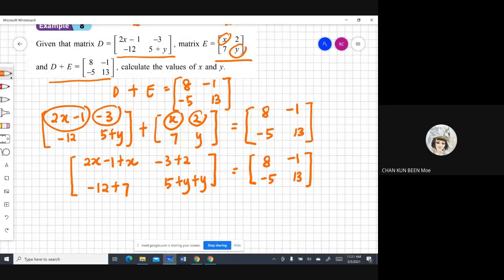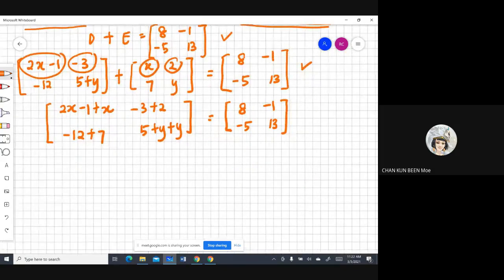When they say D plus E, for example, you are going to make the equation equal to 8, which is 2x minus 1 plus x equal to 8, and then you solve it very fast. But we cannot do it like this. You have to show all the matrices like this until you get this part here.